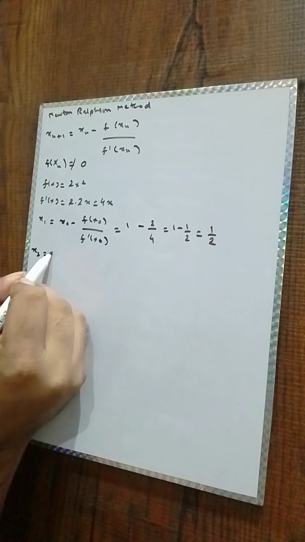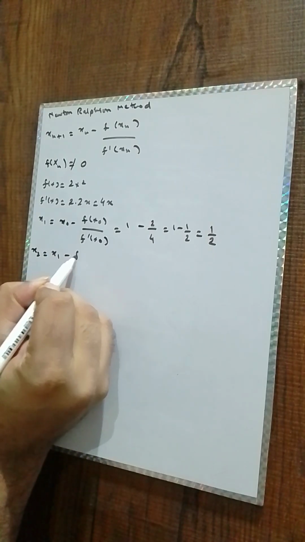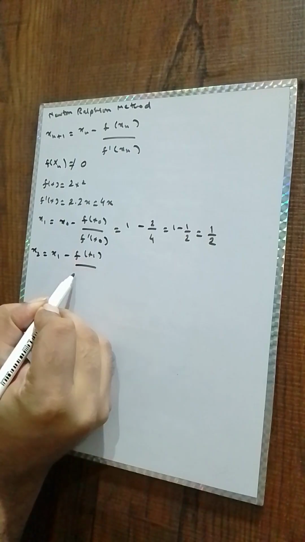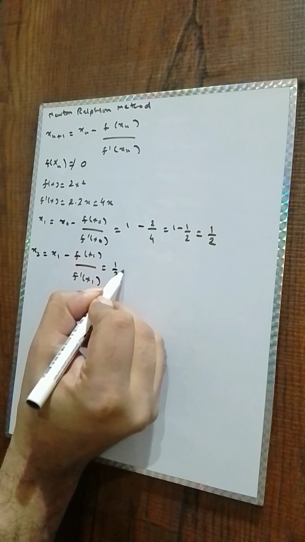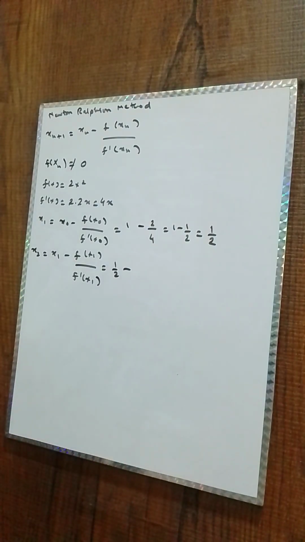And we go further. The second one would be x2 is equal to x1 minus f at x1 by f prime at x1. So 1 by 2 minus, so 2x square at 1 by 2.